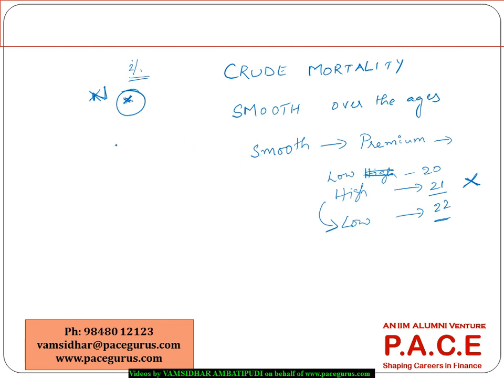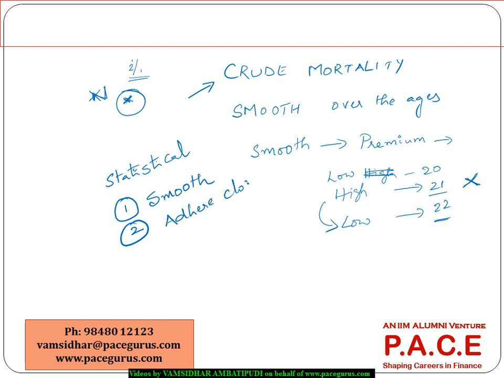So graduation, the key intention is to take the initial crude mortality rates and apply some statistical or mathematical techniques on top of those rates, with two objectives. One, ensure that the rates are smoother, and at the same time adhere closely to the actuals, to the crude data.